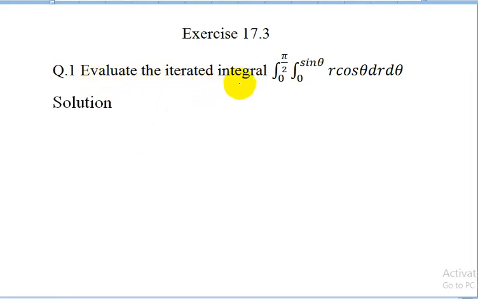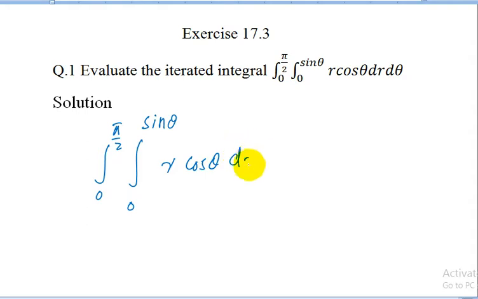Evaluate the iterated integral from 0 to pi by 2, 0 to sine theta, cos theta dr d theta. Now we evaluate this double integral in polar coordinates. So this integral can be written as integral 0 to pi by 2, integral 0 to sine theta, cos of theta dr d theta.